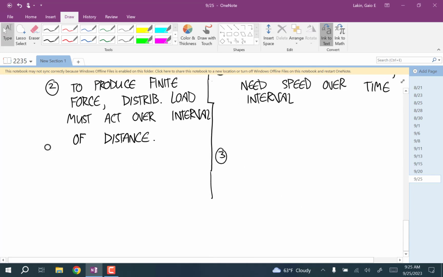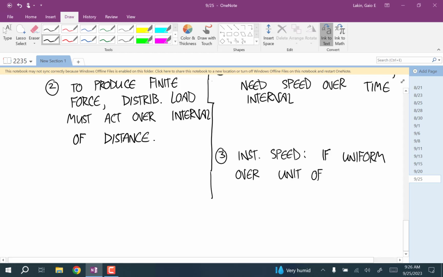Okay, so the instantaneous speed says if it were uniform over a unit of time, that's the distance you would travel.